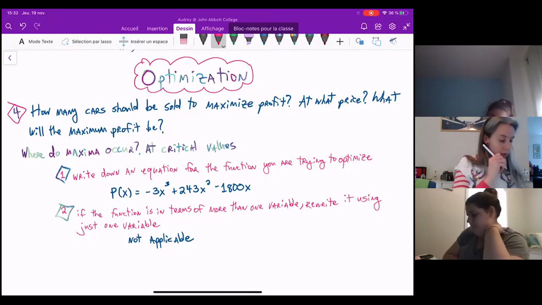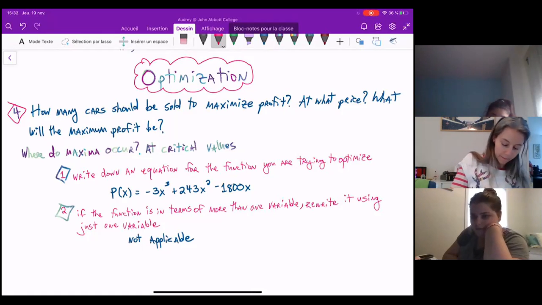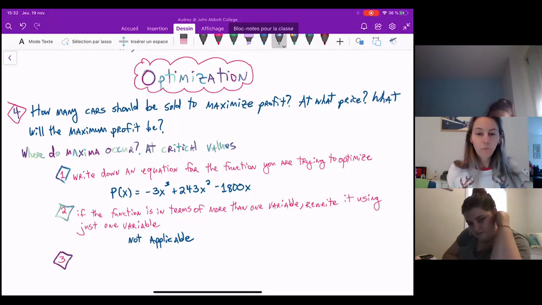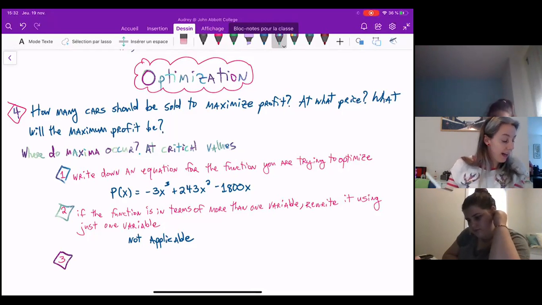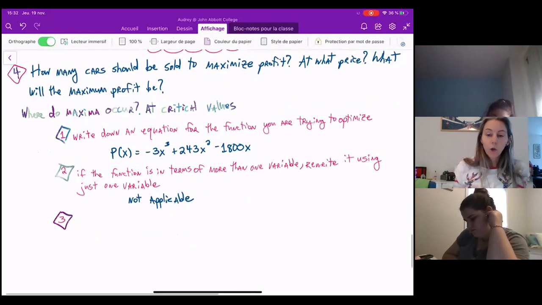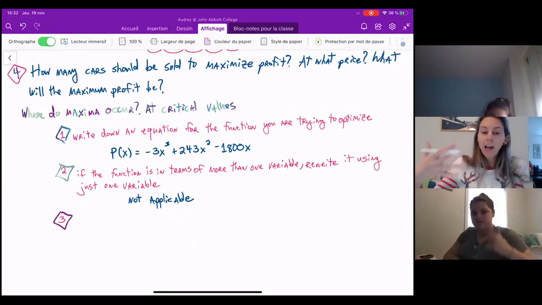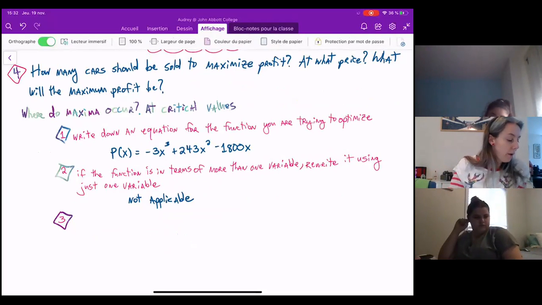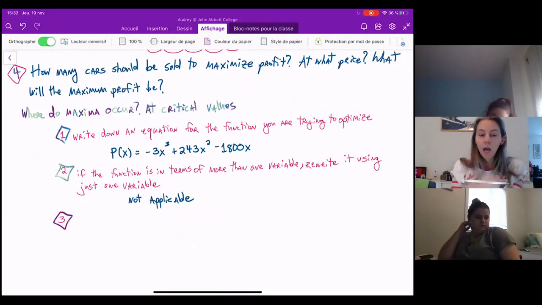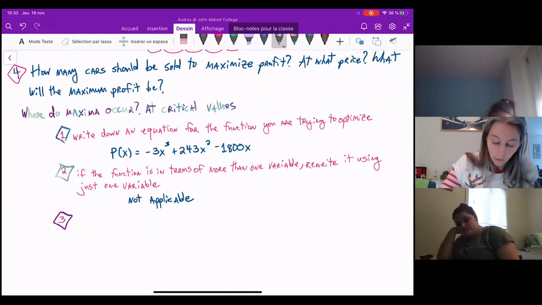So then I go on to my third step, which is to find the critical values. Because we just said that maxima occur at critical values, I know that I need to find those critical values. So I want to find f prime of x and use it to find the critical values.